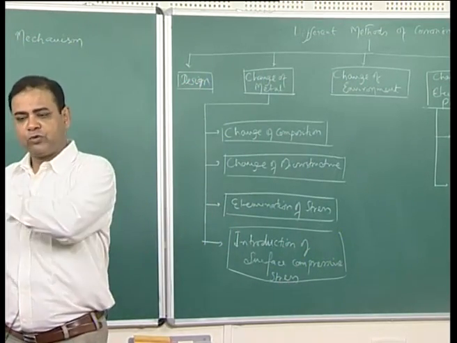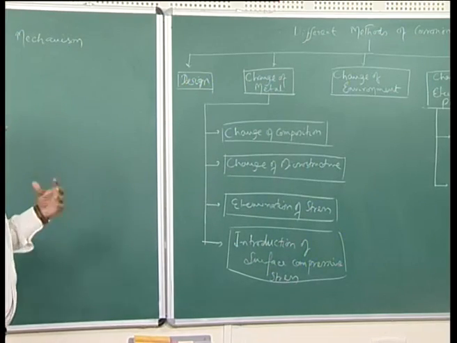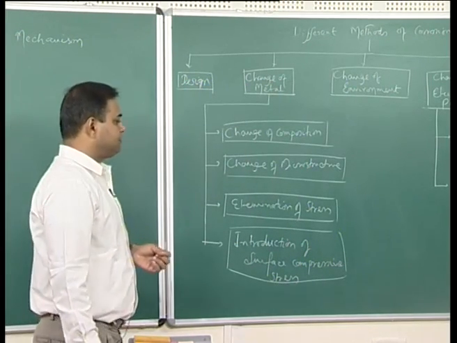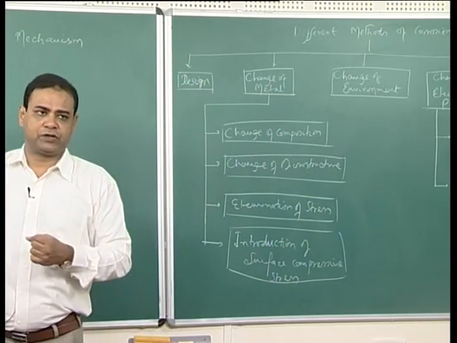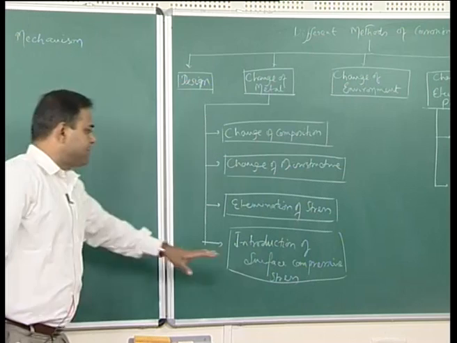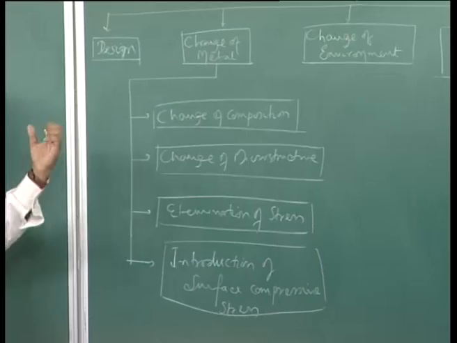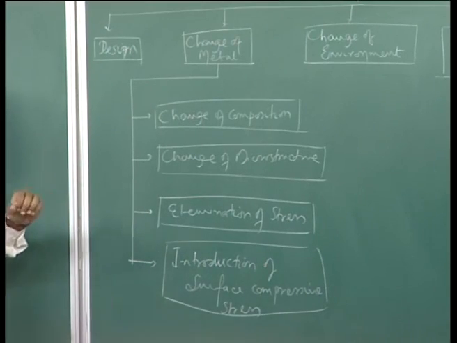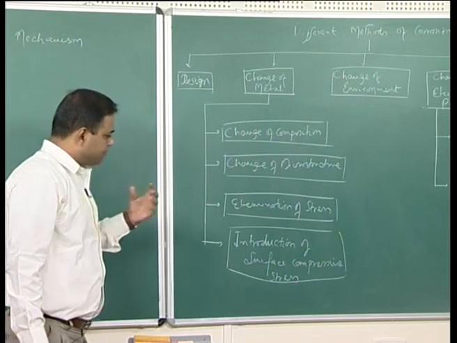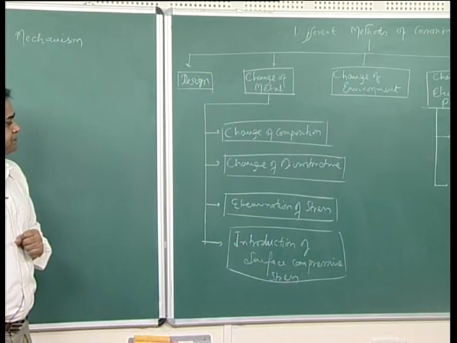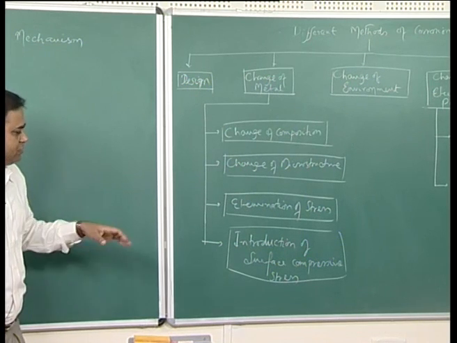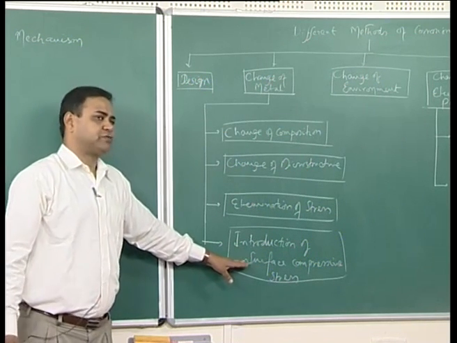There is one more way the material can fail if there is some tensile component, that is the corrosion fatigue. So, if we have this surface compressive stress, we can reduce the tensile component part. So, we can have little extra protection against corrosion fatigue failure.